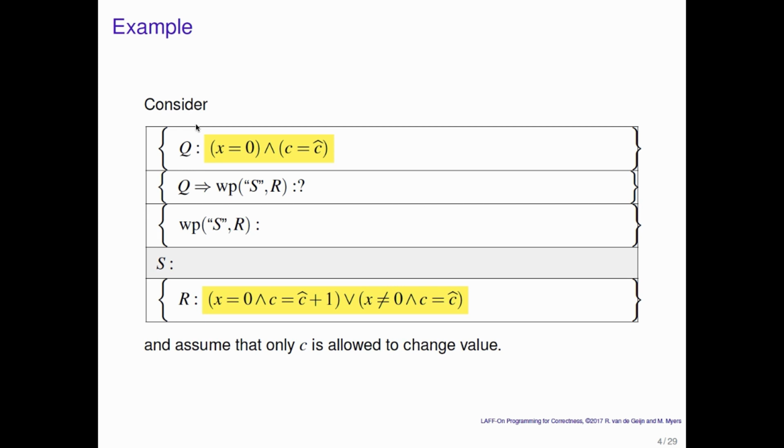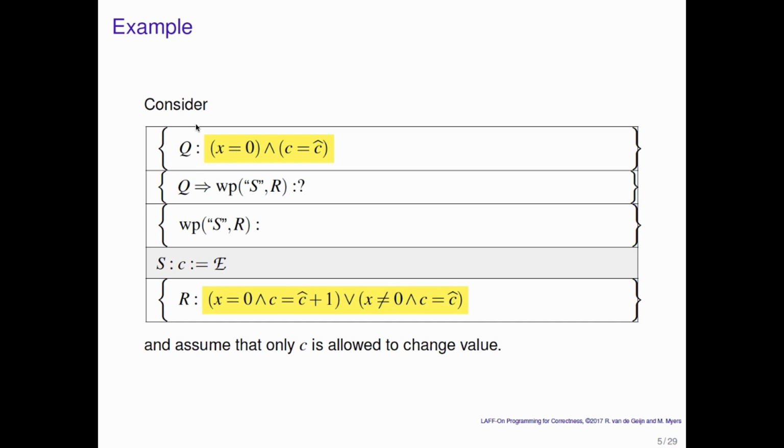Part of the problem statement is that the counter c is the only variable that's allowed to change value. So you may know this from context in the program that you're trying to derive. And that then leads us to say, well, that variable should be assigned some value, the expression e, where we use this funny looking e for the expression.